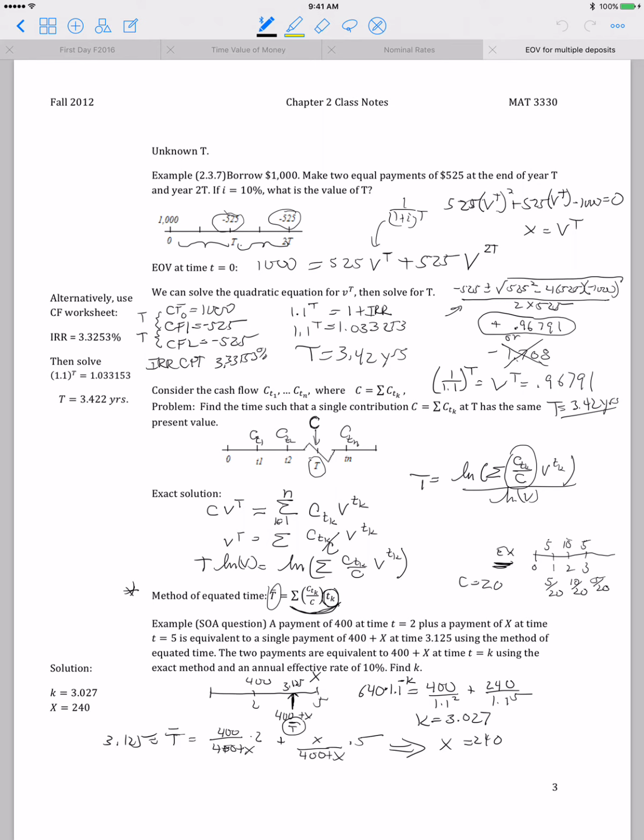And then there is a special case where we're interested in knowing a single lump sum cash flow at a particular time, where the single lump sum cash flow is the sum of all the individual cash flows that has the same present value as the net present value of the cash flows. And we can find an exact solution, and we can approximate it by taking a weighted average of the contribution times, and this is called the method of equated time.